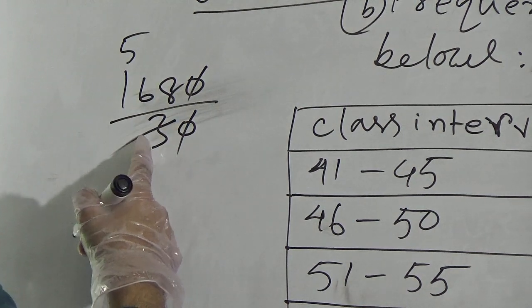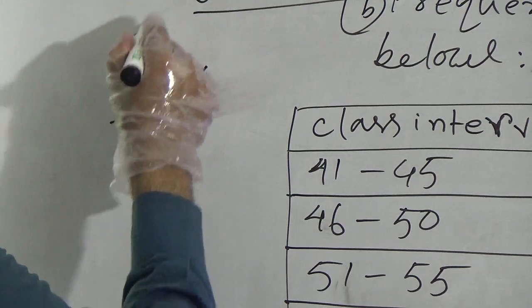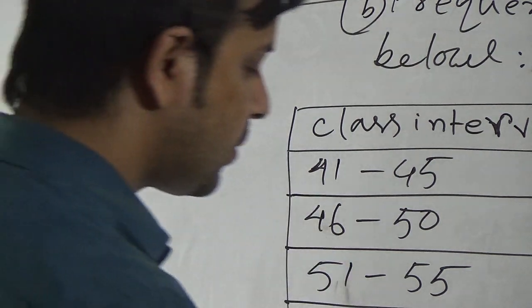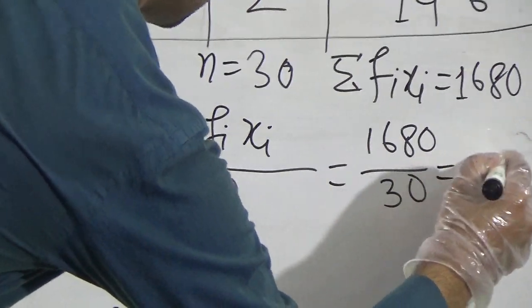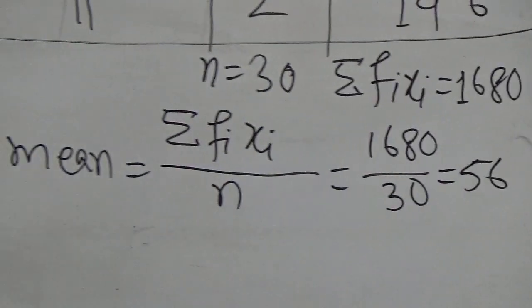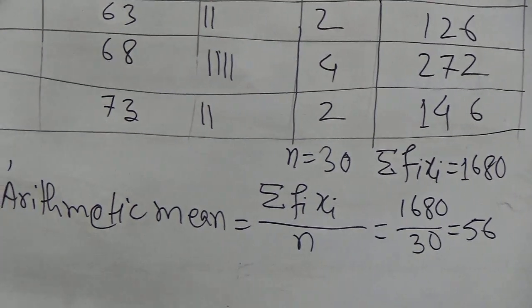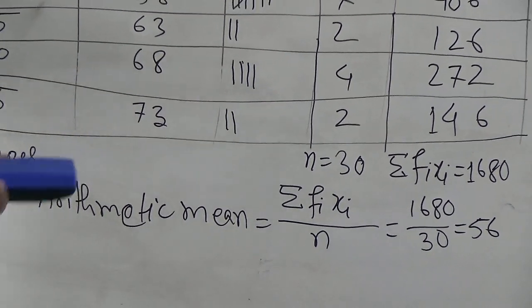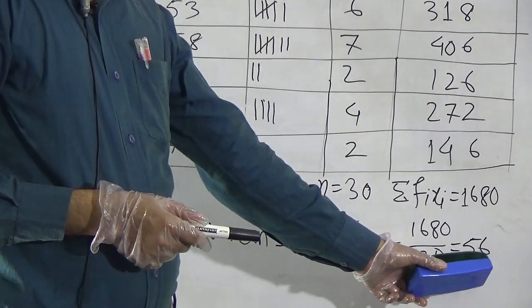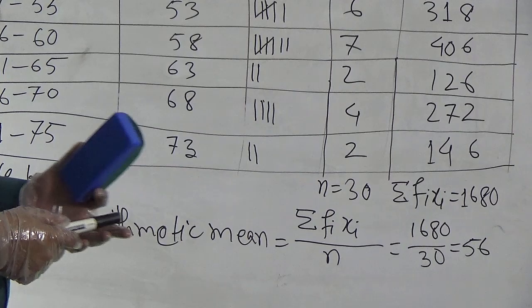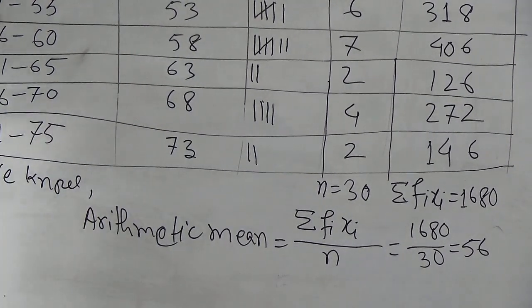So 3 6s are 18, 56. So we can say our required arithmetic mean is 56. This is our required answer for question B.